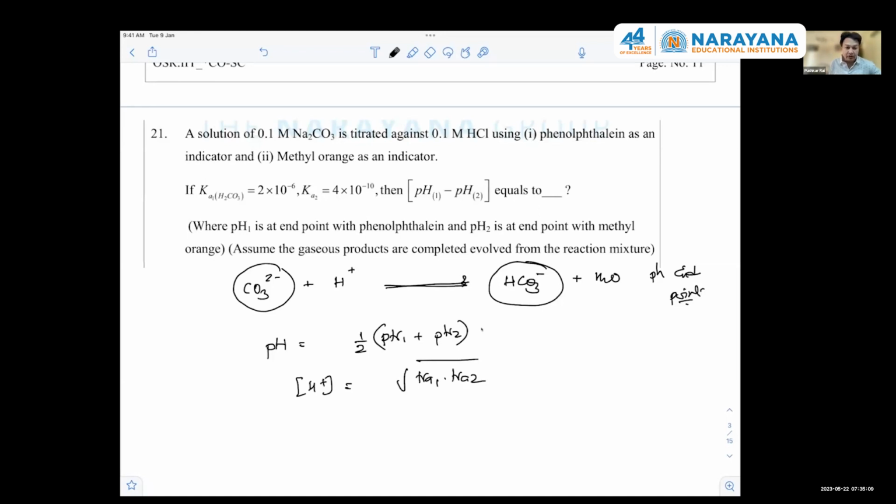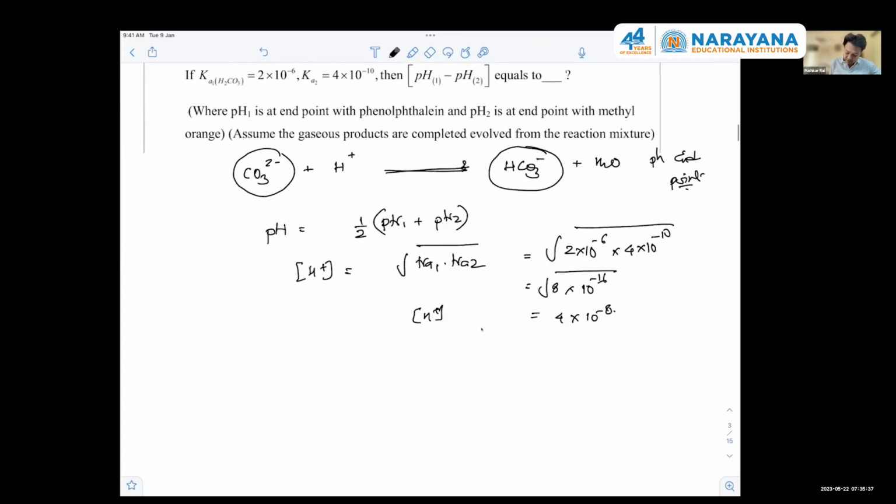If pK is not given, you can calculate the H plus ion and then calculate the pH. So what is K1 and K2? 2 into 10 to the power minus 6, into 4 into 10 to the power minus 10. Take the square root of this, which comes out to be 8 into 10 to the power minus 16, and the root of this is equal to 4 into 10 to the power minus 8. That is the H plus ion concentration.